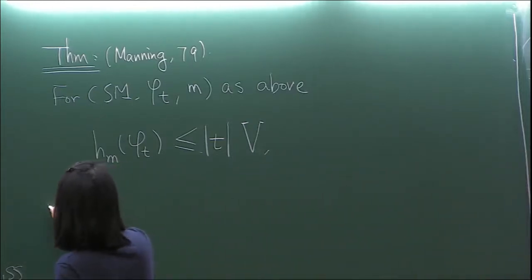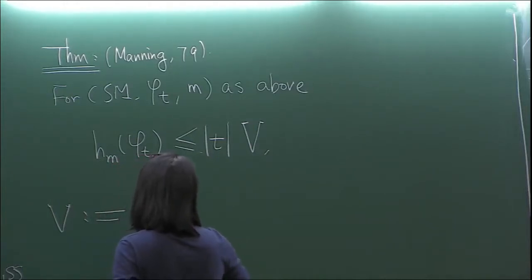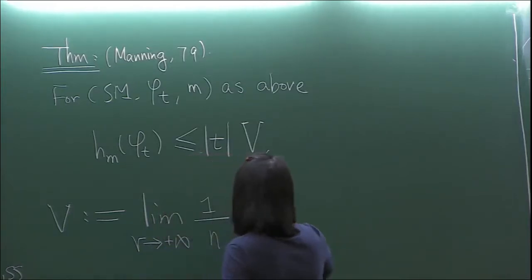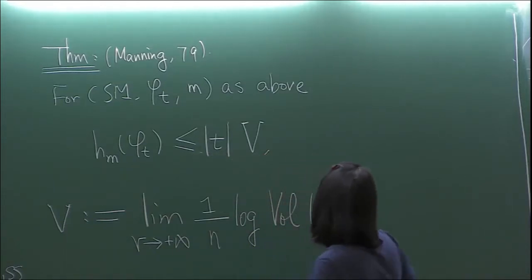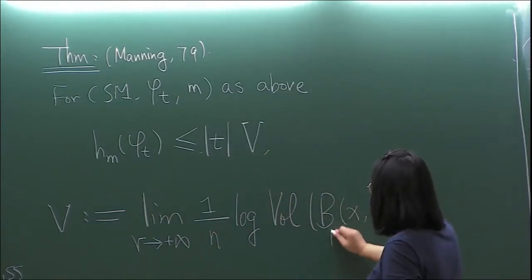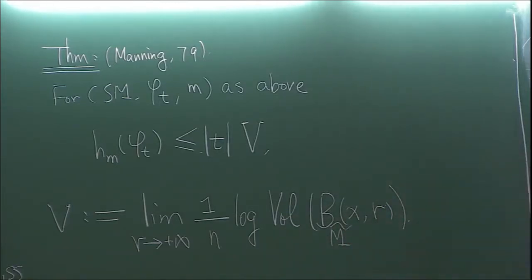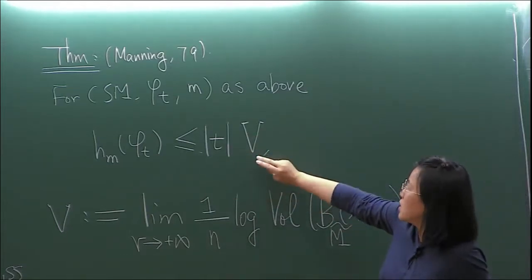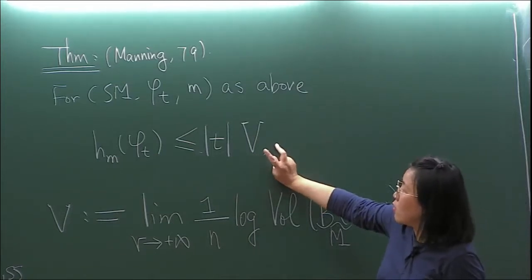So this V, as we defined yesterday, is the exponential growth rate of the volume of the ball Bx in the universal cover. This is the volume entropy. In negative curvature, V equals the topological entropy of this flow.